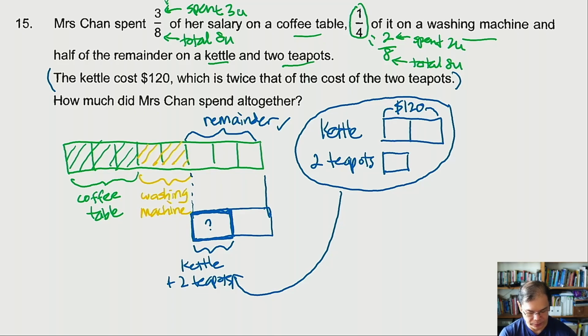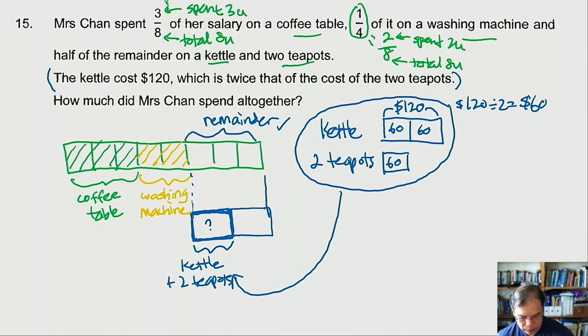So let's try. So let's find out how much she spent on the kettle and 2 teapots first. Okay. So this is 120. So here is 60. 60 is also 60.